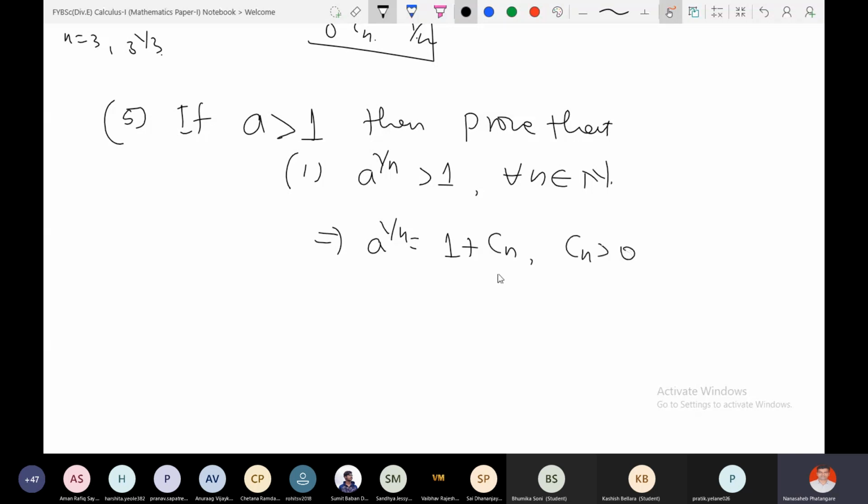This Cn is positive clearly because it is 1 plus some positive. And the second point is to prove that 0 is less than Cn is less than 1 by n for n greater than or equal to 2.